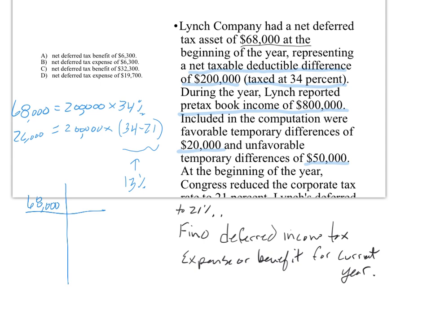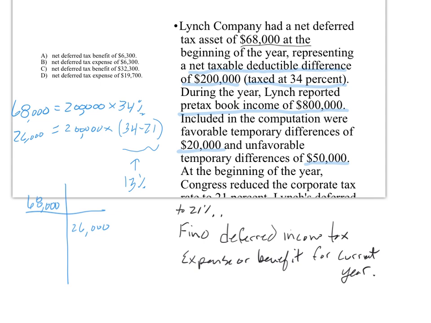Now, this 26,000 reduces our deferred tax asset. So that is an adjustment to our deferred tax asset, and it adjusts it downward.